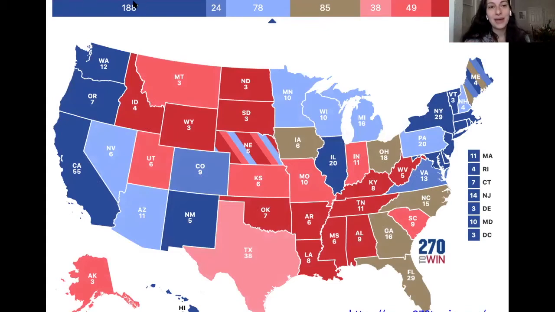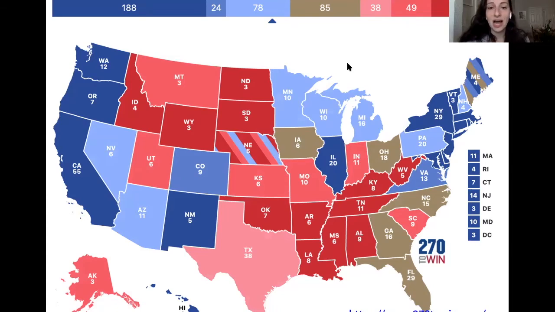On the blue end of the spectrum we have the Democrats, and this year's Democratic candidate for president is Joe Biden. He's running with Kamala Harris as his vice presidential candidate. The Democrats are represented in blue. The Republican Party is represented in red. Their candidate is current President Donald Trump, and his running mate is Mike Pence.